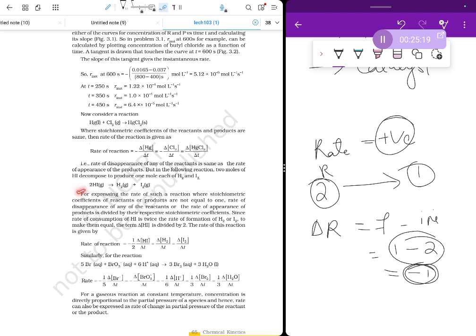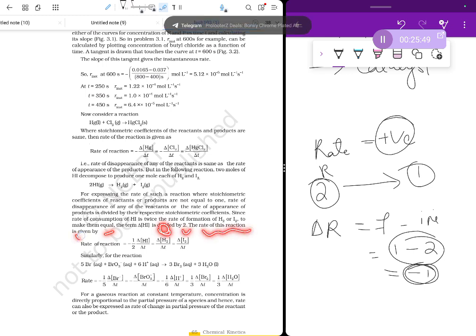For expressing the rate of such a reaction where the stoichiometric coefficients of reactants or products are not equal to 1, the rate of disappearance of any of the reactants or the rate of appearance of the product is divided by the respective stoichiometric coefficients. Since the rate of consumption of HI is twice the rate of formation of H2 or I2, to make them equal, the term delta HI is divided by 2.